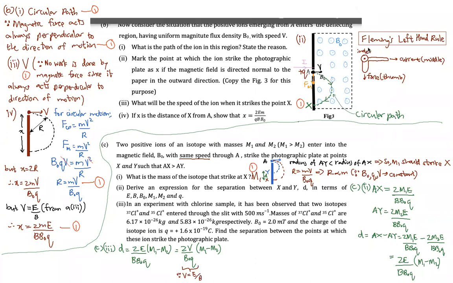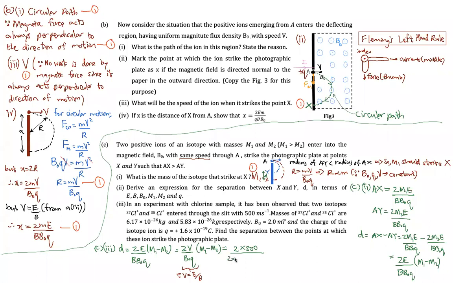Now it's all about substituting the values. We have a 2 here, 2 into V. V is 500, divided by B naught. 2 into 500 over B naught. B naught is 2 microtesla, so it's 2 into 10 to the power minus 6, and the charge is the charge of one proton, that is 1.6 into 10 to the power minus 19 coulomb. Inside the bracket we have the masses.